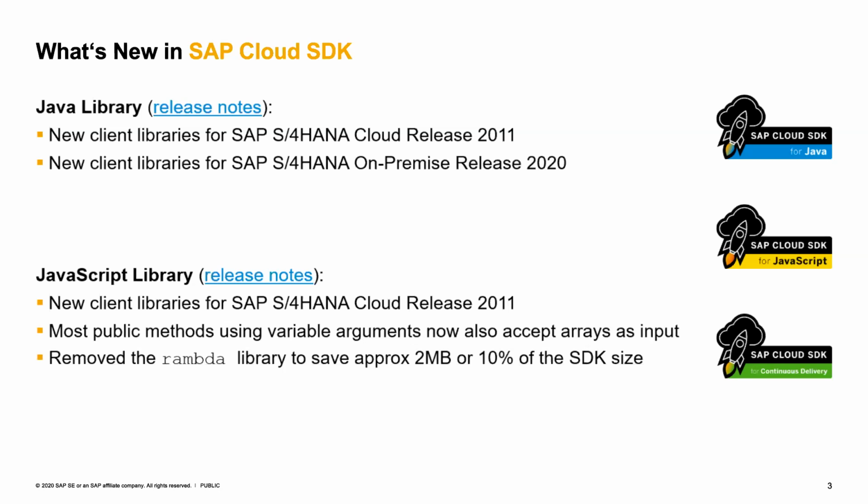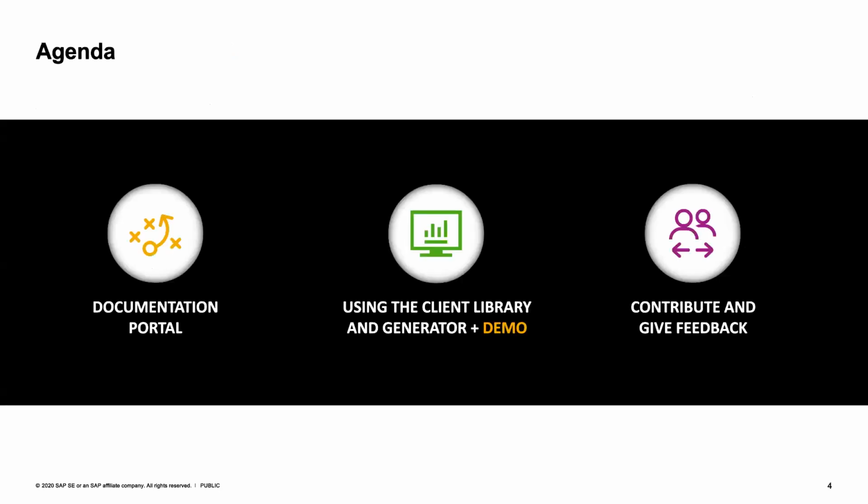All right, next slide. What we will be talking about today, of course, we want to guide you through our information sources, and one of the biggest and the most important sources of information is our documentation portal.